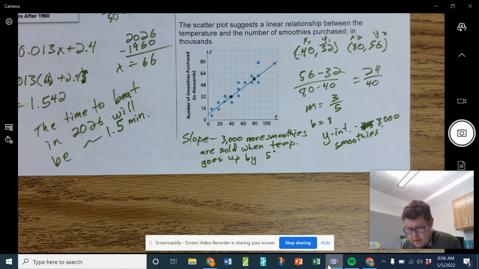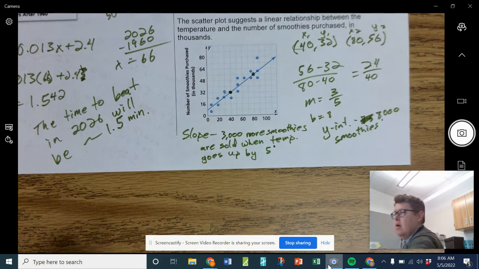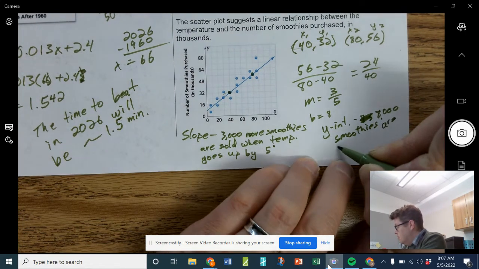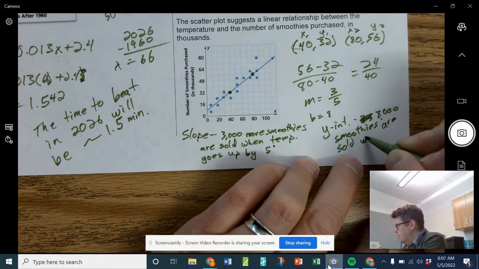Oh, when the temperature is 0, yeah. So 8,000 smoothies are purchased when the temp is 0, are sold, let's say, when the temp is 0.